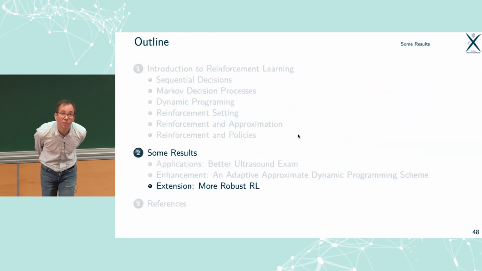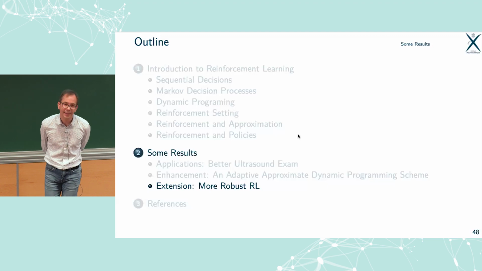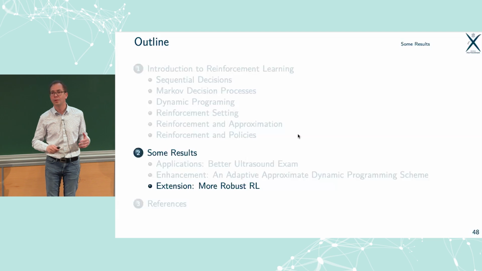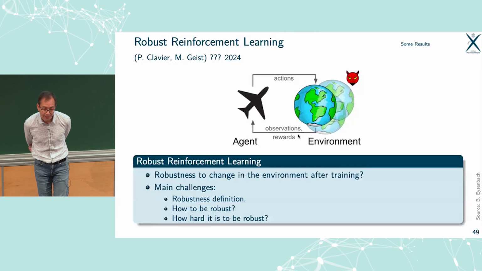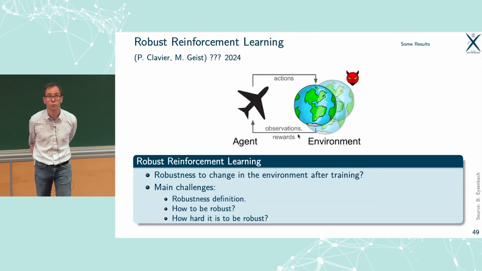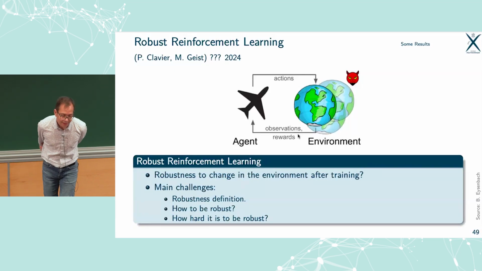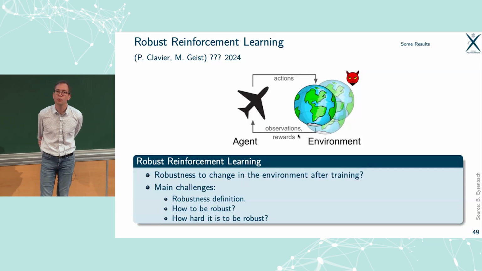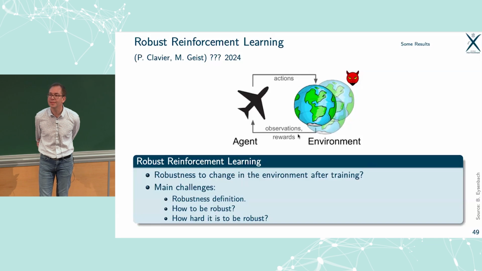And the last thing I wanted to mention before I stop is the idea of extension. Maybe you want to depart from the classical way of formulating the problem. And this is what Pierre Clavier has done during the last 2 years and a half. He wanted to add some kind of robustness in this setting. So we made the assumption that the environment is nice, that it's behaving well, and it may be nasty.